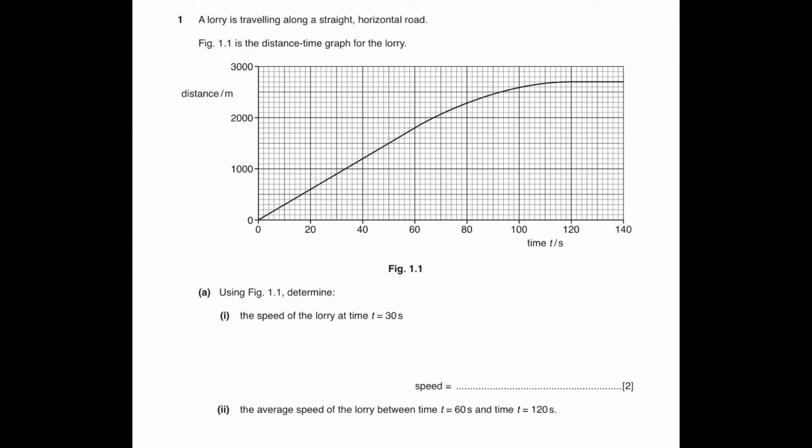So kita tandakan. So macam mana nak cari speed daripada distance time graph? Kita kena lukiskan gradient of the graph at t equals to 30 second. So to determine the gradient, we need to draw a triangle.